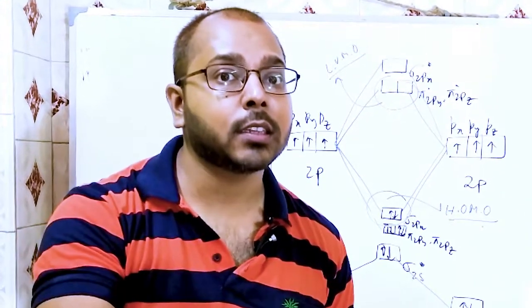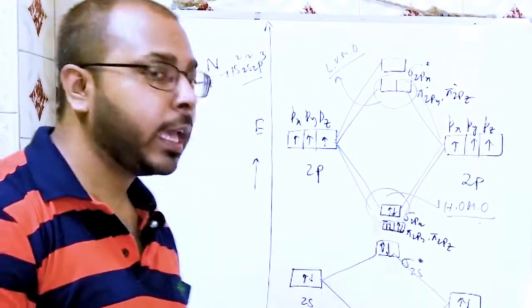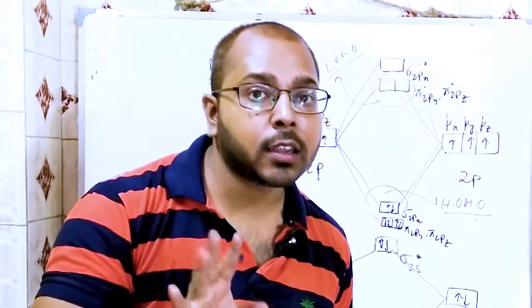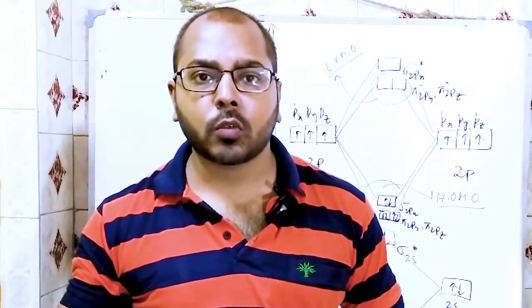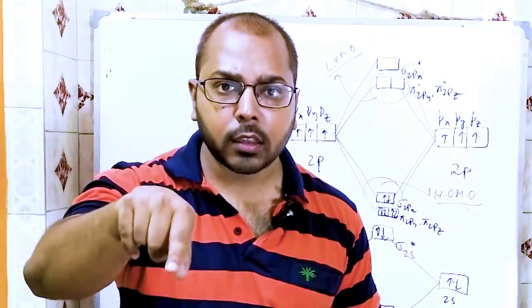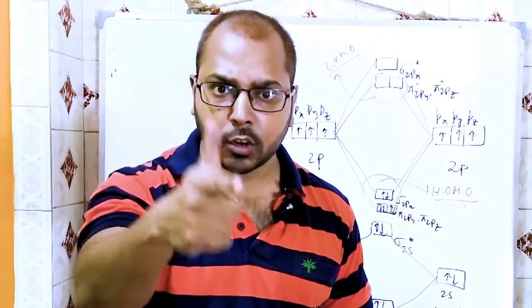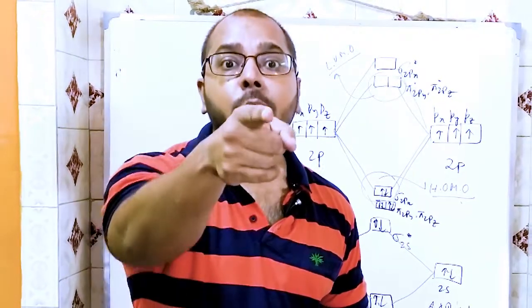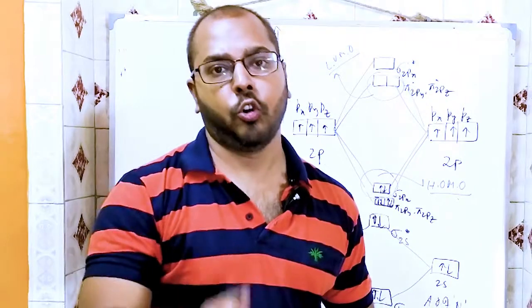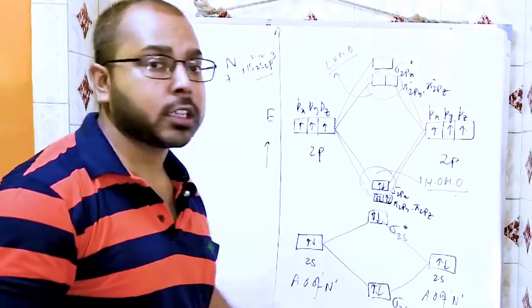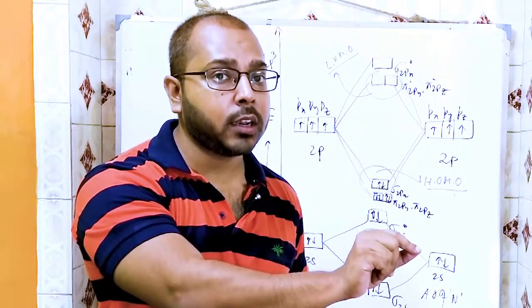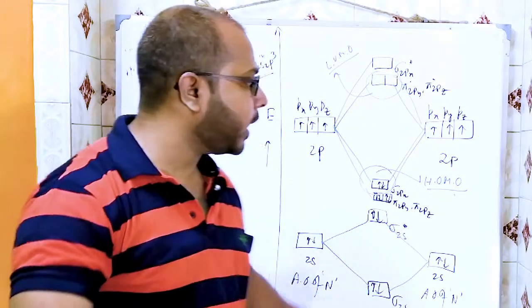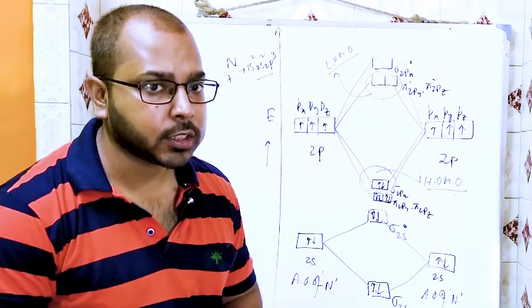What I have said: in the HOMO, if electrons are paired, then it would be diamagnetic. Oxygen was paramagnetic due to the presence of an unpaired electron in the HOMO. But here, due to the presence of paired electrons in the highest occupied molecular orbital, nitrogen is diamagnetic in nature.